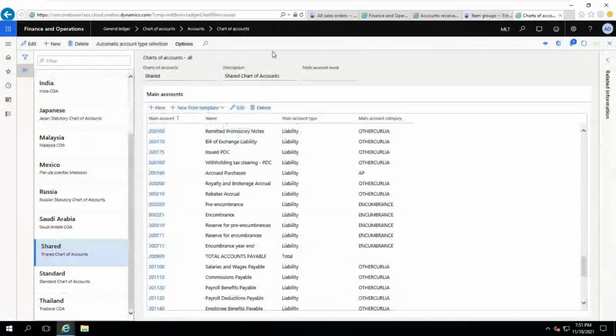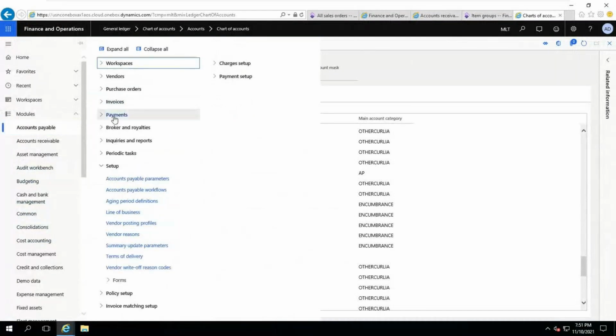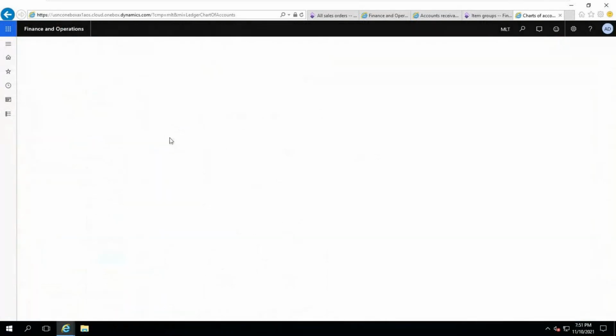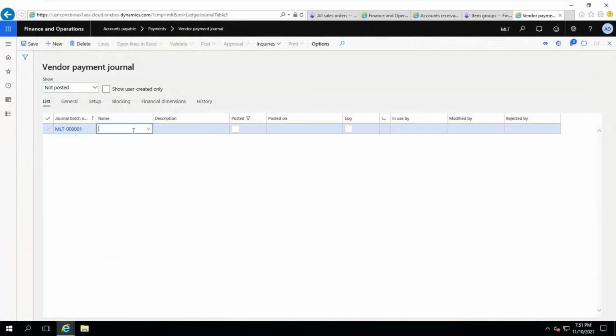Suppose you are doing a vendor payment journal, then you need to have a journal name. This is one of the most important for a finance consultant. So journal names are not configured; you need to configure journal names. How to configure, you are going to learn in another 1 or 2 days.